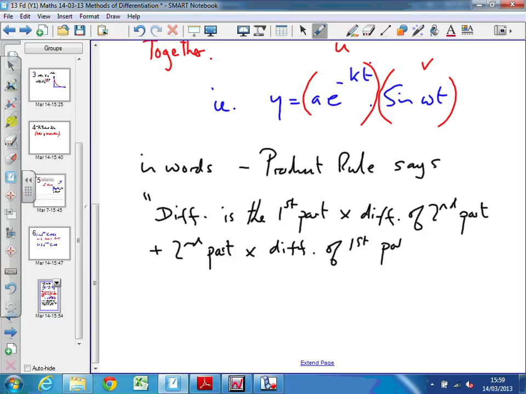And that makes it, in some ways, actually quite easy to remember, and we'll apply it like that, and you'll see, I hope.